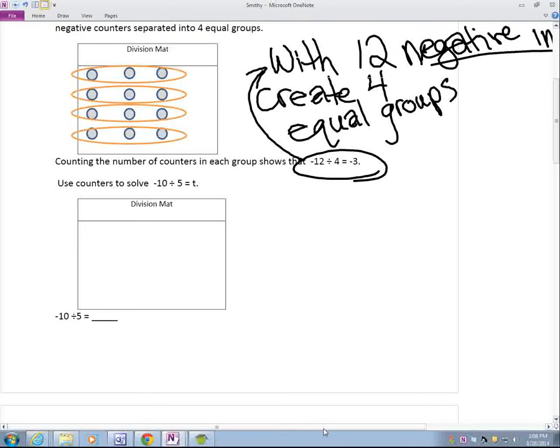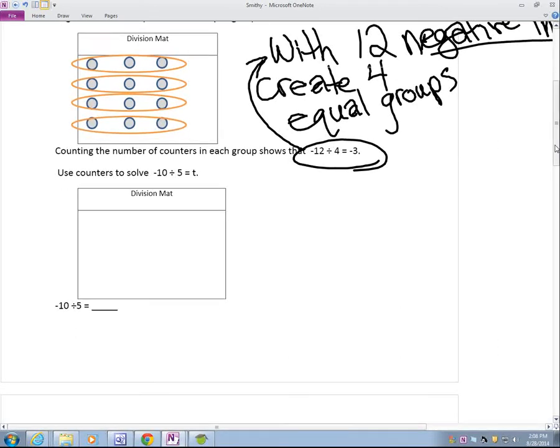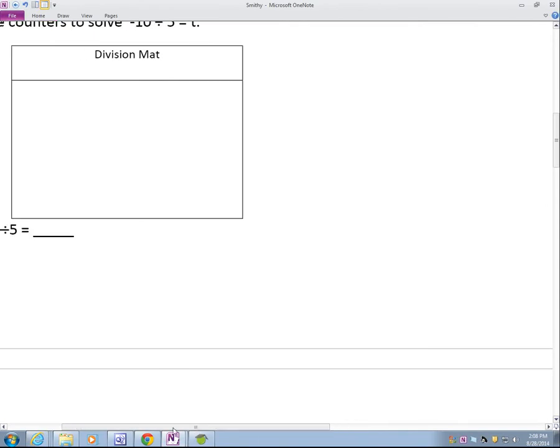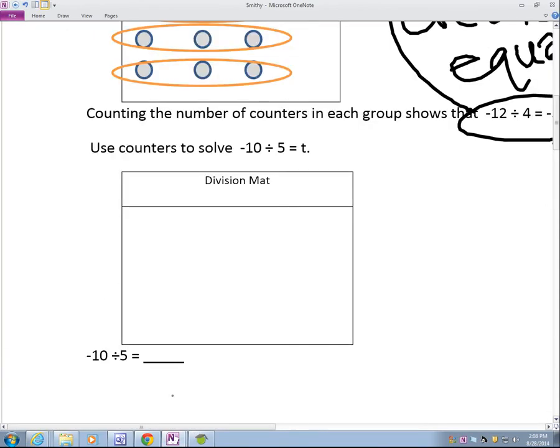Then we have: use counters to solve negative 10 divided by 5. What's the story for this one going to be? From looking at the example that we just did above it, I want you to take a guess as to what the story might be.